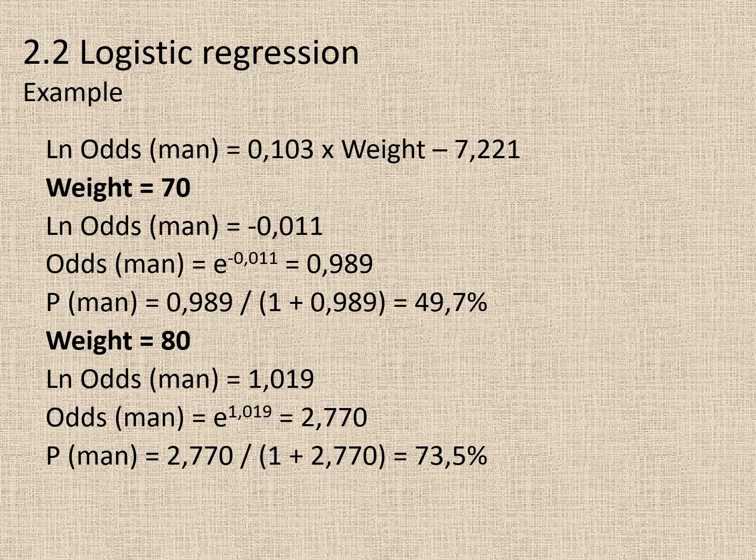E raised to this, odds of being a man, 0.989. And from odds, we can recalculate the probabilities if we want. So if you weigh 70 kilos, the probability of you being a man is calculated as 49.7%.